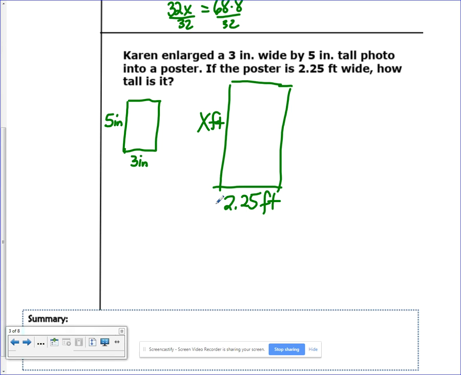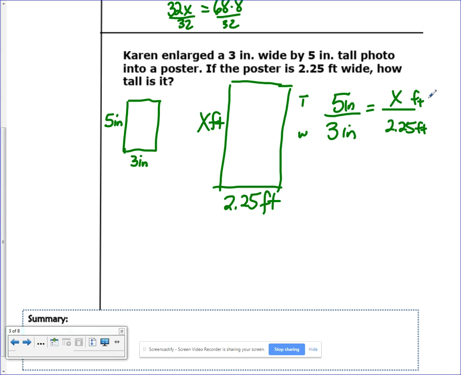You can set up a proportion any way you want, as long as you're using corresponding parts of your image. So if we say 5 inches tall to 3 inches wide, I'm thinking tall to wide, tall to wide. So then x feet tall as 2.25 feet wide.